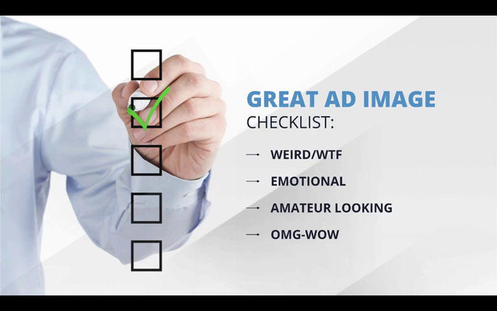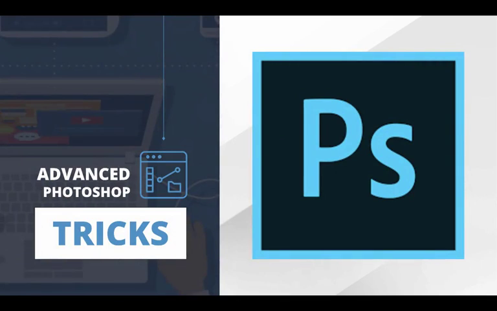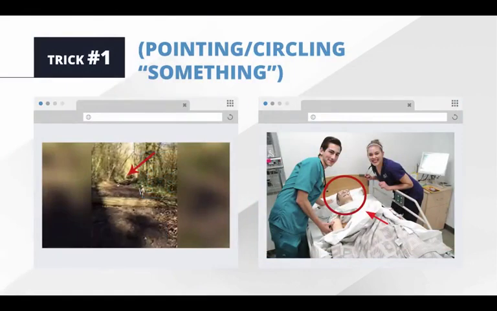So here's a checklist of what makes a great image ad: weird images, emotional photos, amateur, and the OMG wow images. Here are a few tricks that you can do in Photoshop to make your images stand out a little bit more. The first trick is to point or circle something. By doing this, you're really drawing attention to whatever you're pointing at or circling.